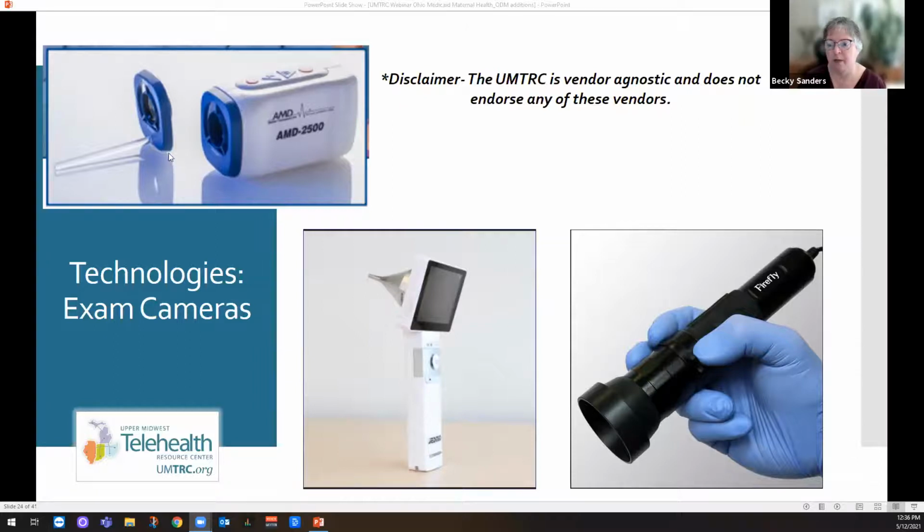So in the AMD picture, you see something like a tongue depressor, detached from the exam camera. You can also put other things on it, like the otoscope to go in the ears. Here you see the otoscope attached to the GEDMed. And then the Firefly is really just a general exam cam that is good for looking at moles or freckles or wounds on skin.